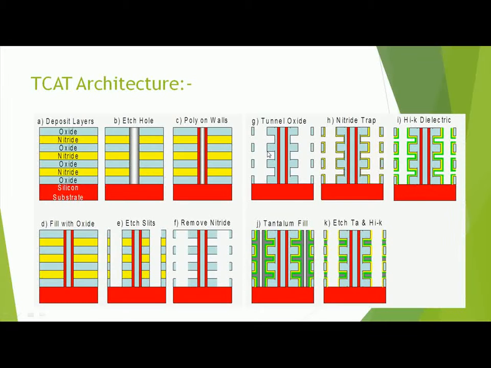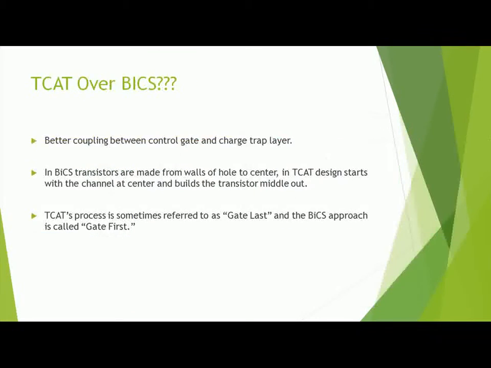You can see it in figure G. And then the nitride is applied, and instead of a normal metal, it uses a high-K dielectric, which improves the coupling between the control gate and the charge trap layer. And then there is a tantalum fill etched into it. So what are the benefits of TCAT over BiCS?